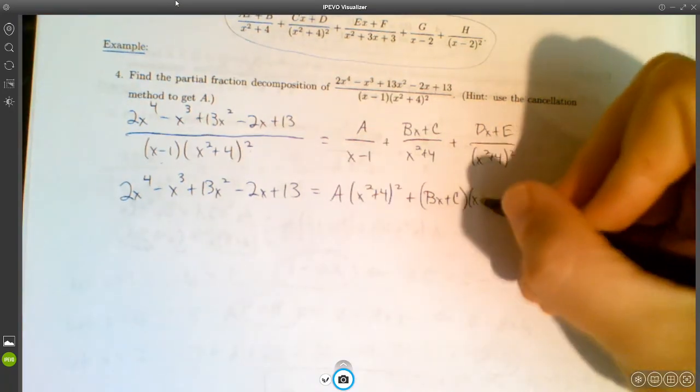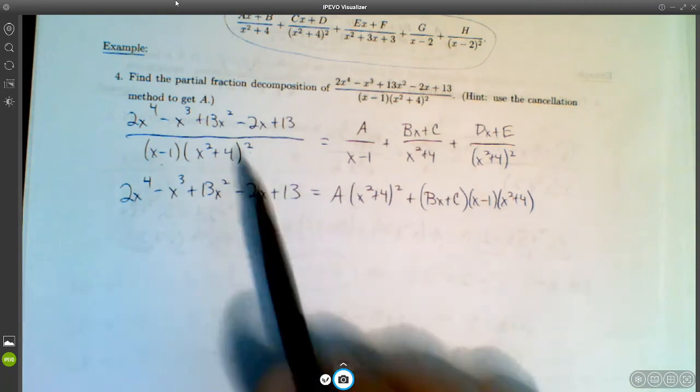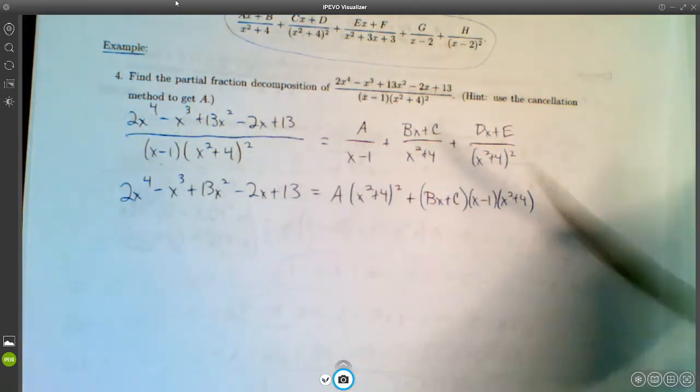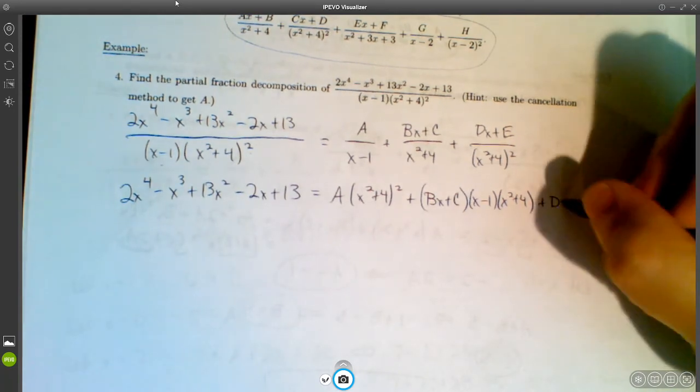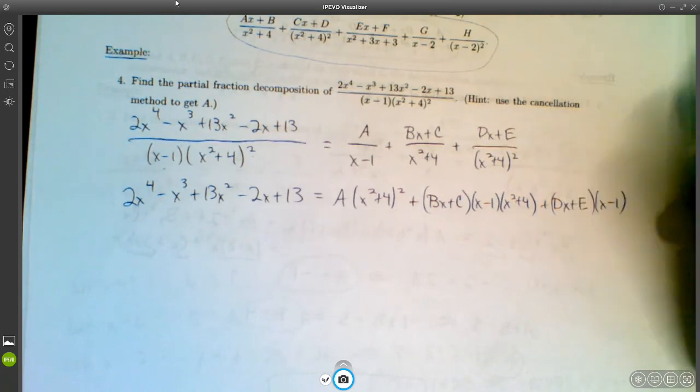So we're going to have x minus 1 times x squared plus 4. And then here the x squared plus 4 squareds would cancel and just leave the x minus 1. So we're going to have dx plus e times x minus 1.